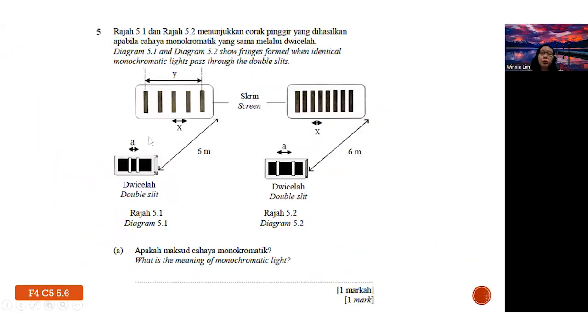Now, moving on to questions 5 and 6, we call this type of question conceptualization questions, whereby they always show 2 diagrams and ask you to compare the diagrams. If you are familiar with or understand certain key terms in those topics in physics, basically it will not be hard for you to make comparisons.